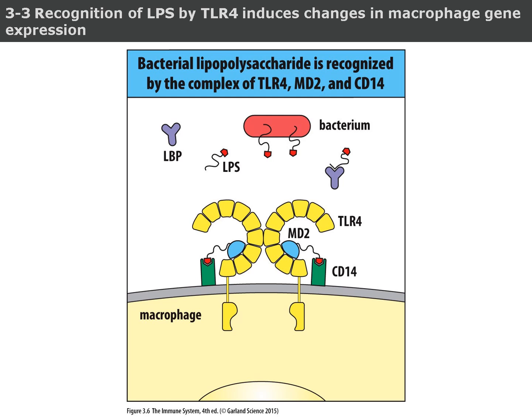First, a helper molecule called lipopolysaccharide binding protein grabs the lipopolysaccharide and brings it to the surface of the macrophage. There, the lipopolysaccharide is passed to another protein called cluster of differentiation 14, which helps hold it in place and present it properly.